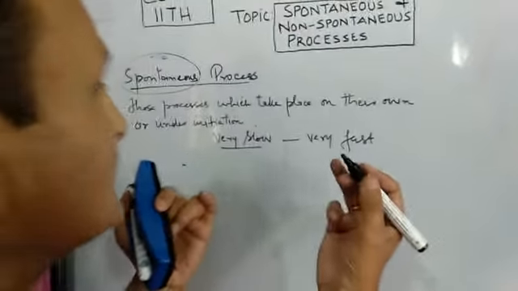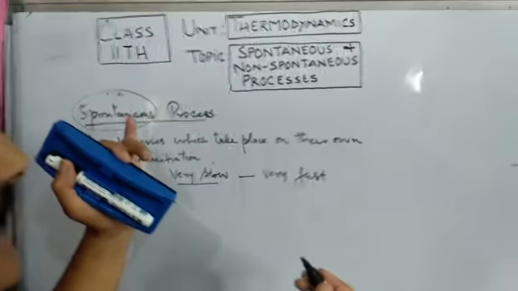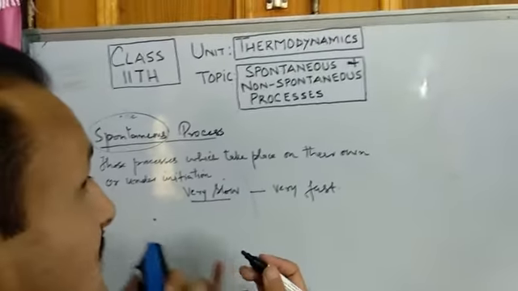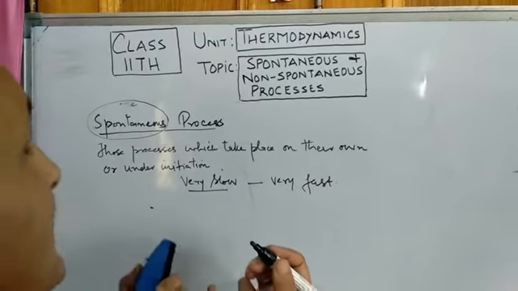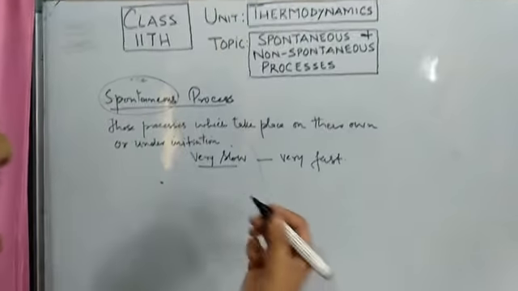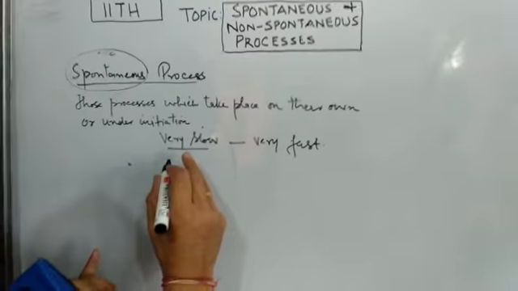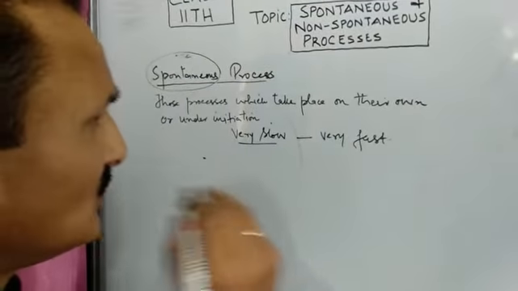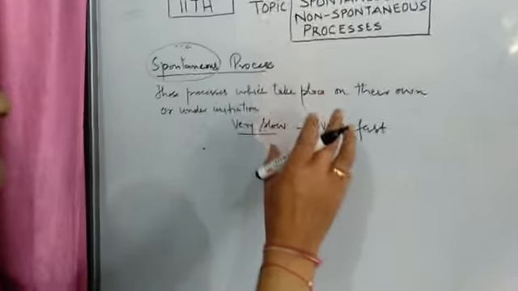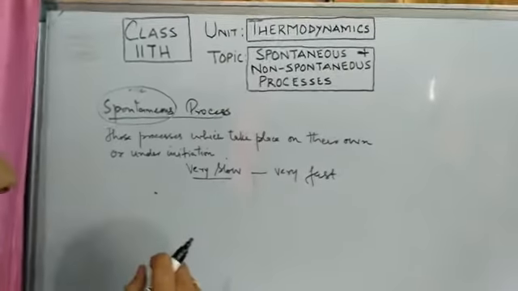So we can say that spontaneous processes are not instantaneous. They may take some time to begin. But as far as their rates are concerned, the rate of these processes ranges from very slow to quite fast. Now let me give you some examples of spontaneous processes.